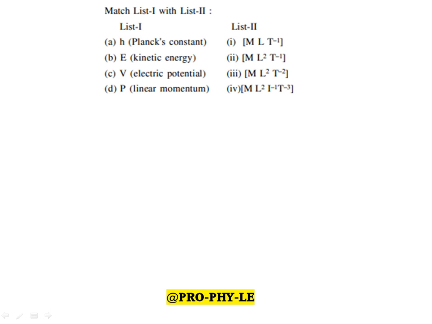Now we are given a list. You have to match the dimensional formula with the corresponding physical quantities. Choose whichever is easy for you. For me, option B, that is energy, is easy. Energy will have dimensions M L square T power of minus 2.